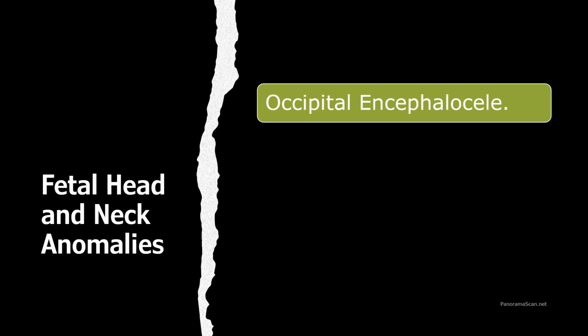In this section, we will delve into four key conditions: occipital encephaloceles, which is a neural tube defect where part of the brain and surrounding membranes protrude through an opening in the skull. Congenital hydrocephalus, which is characterized by an abnormal buildup of cerebrospinal fluid in the brain, leading to increased head size and potential complications.